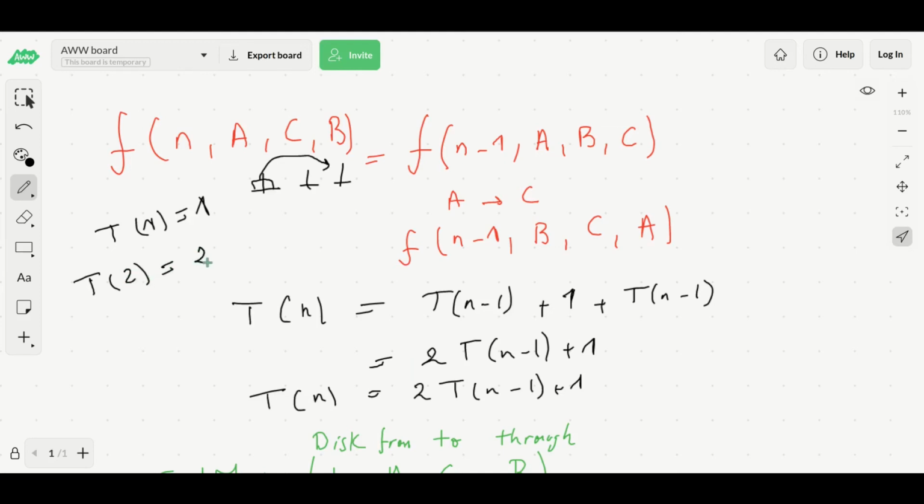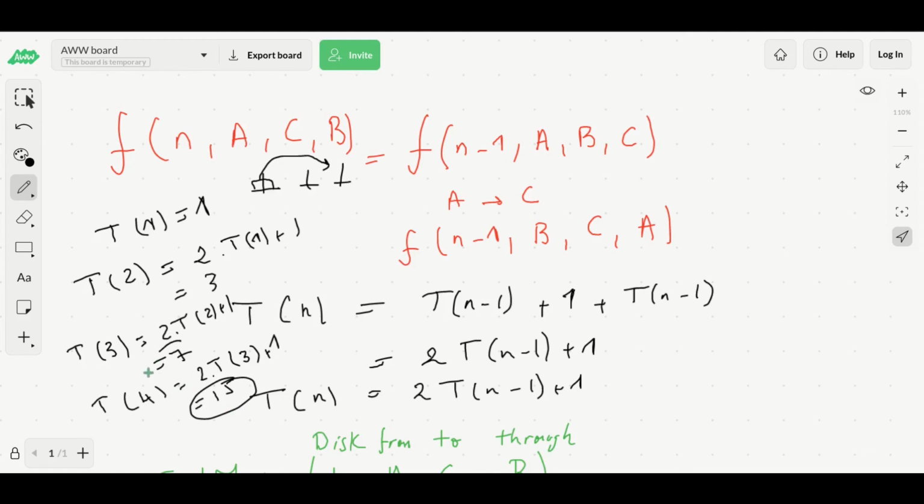This would be equal to 2 times t of 1 plus 1, so this is 3. t of 3 equals 2 times t of 2 plus 1, so this is 7. And t of 4 would be equal to 2 times t of 3 plus 1, so this should equal 15.